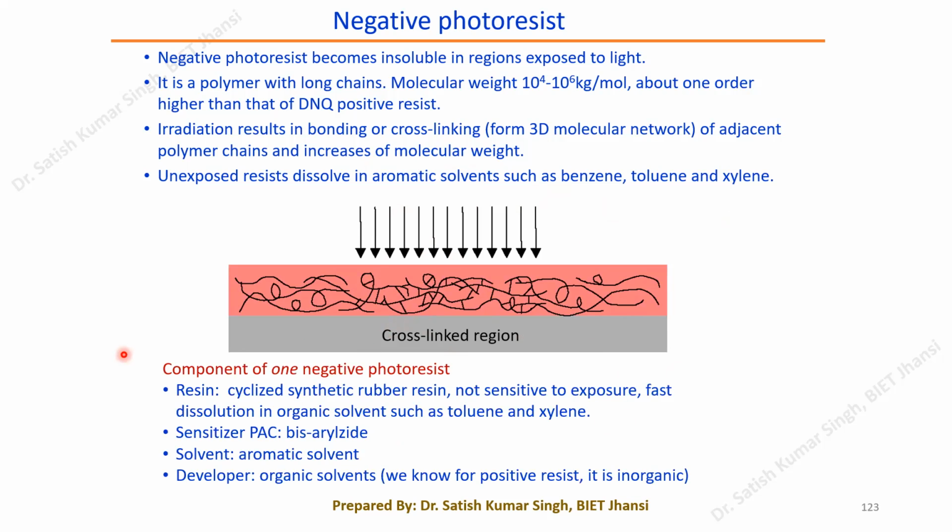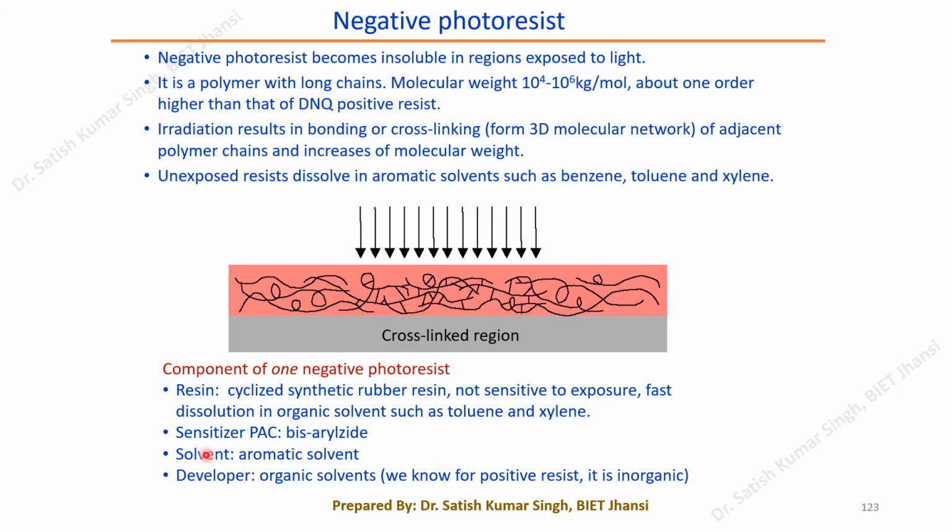The resin material that we choose for the negative photoresist is cyclized synthetic rubber. It is not sensitive to exposure, and it has fast dissolution in organic solvents such as toluene or xylene.